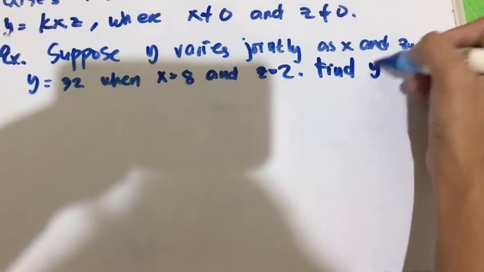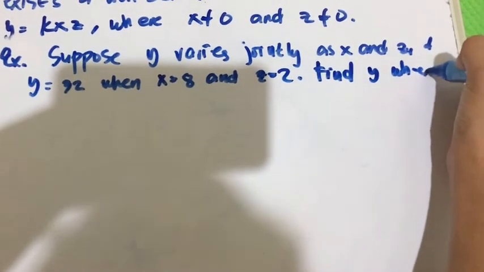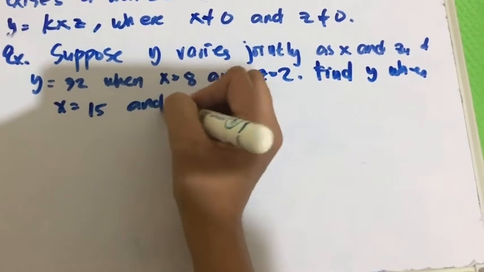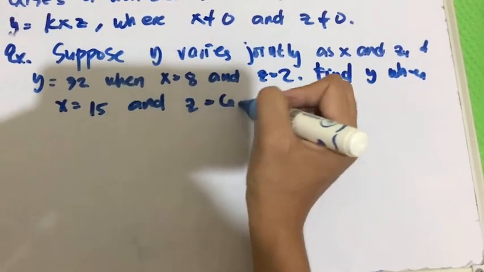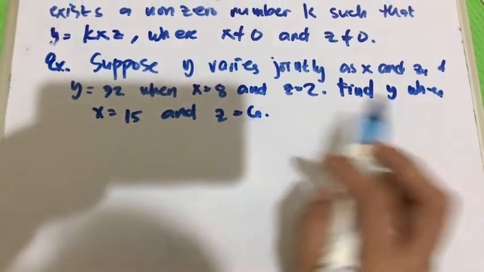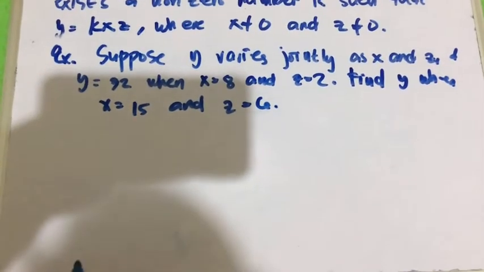Find y when x is equal to 15 and z is equal to 6. The process is the same as direct and inverse variation, but in a different form.